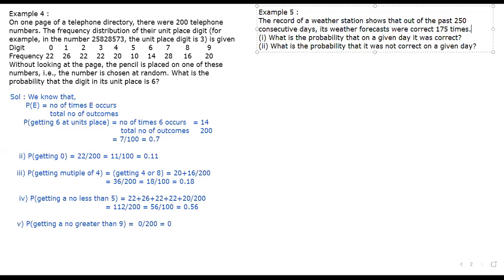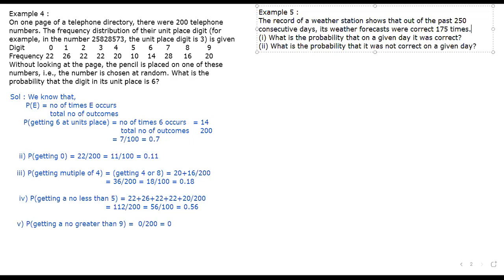Now, if it is correct 175 times, how many times is it incorrect? Total were 250, out of which 175 times it was correct. So 250 minus 175, remaining 75 days the forecast was incorrect. So 175 times the forecast was correct, 75 times incorrect. Am I right? Yes, sir.